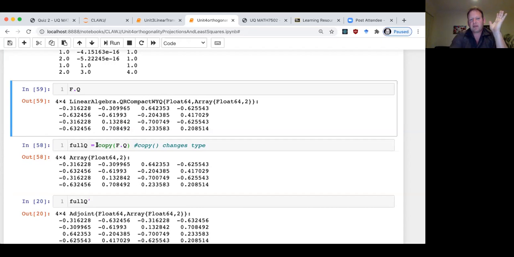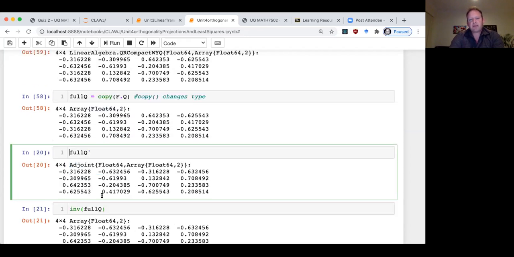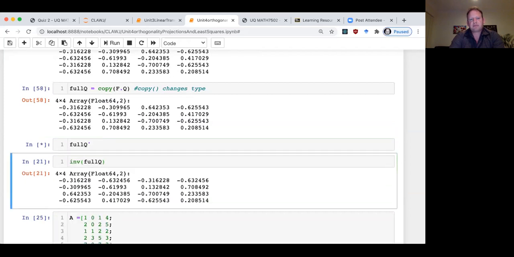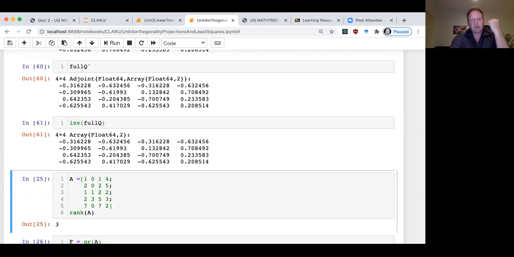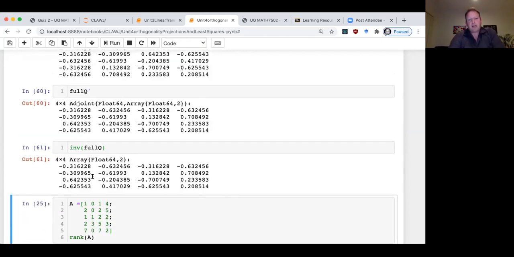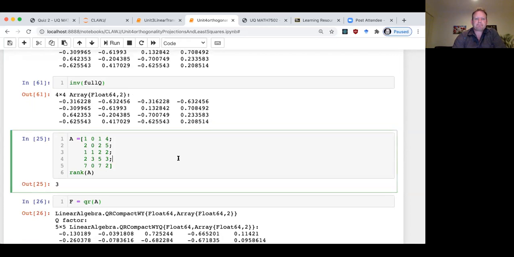So this changed the type of it just to a matrix, an array of floats. But don't worry about it. That's a full Q. So look, if I do full Q transposed, that's just like the inverse of this full Q, right? So Q is an orthogonal matrix. Okay. So that was QR decomposition.